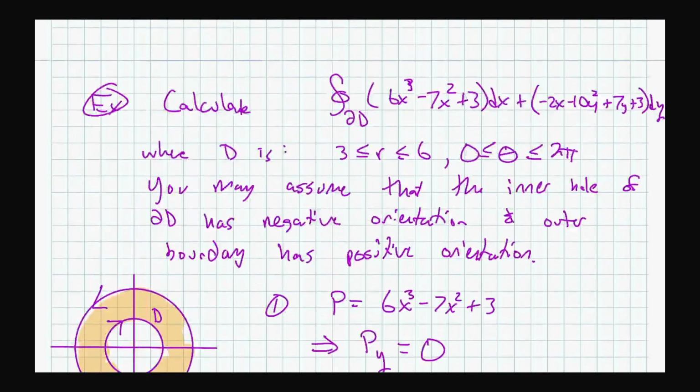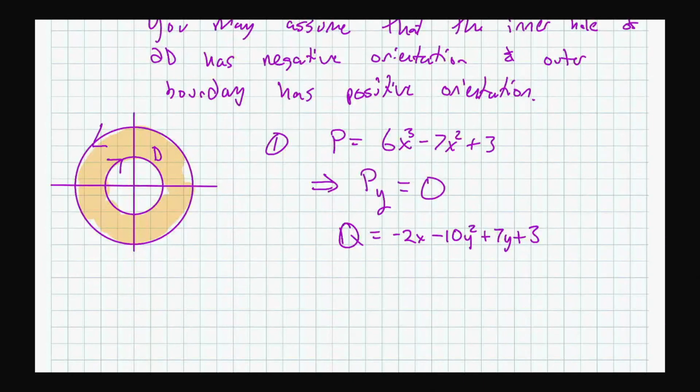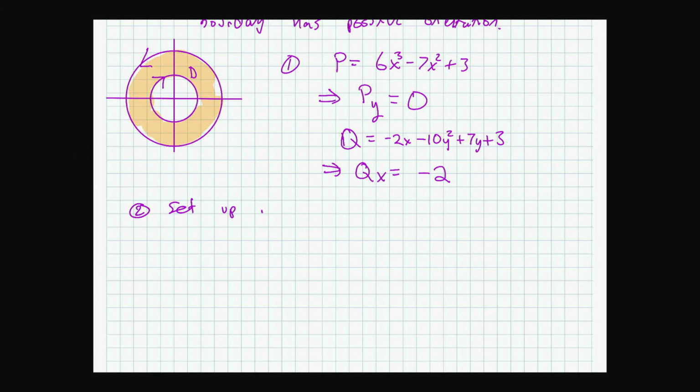We're going to need q sub x, which is negative 2. So that's nice. So we go to set up our integral. Make sure we understand that it's not flux, right?